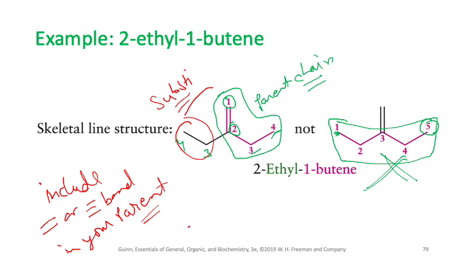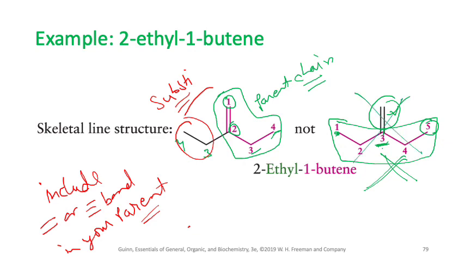In the second structure we are leaving out the double bond. We are not including the double bond in our counting, right? So this is a violation of one of the rules. The second rule says you have to give the lowest number to the double bond. Over here we are giving the number 3 to the double bond, right? So both the rules are violated. So that's why we are not using this counting.